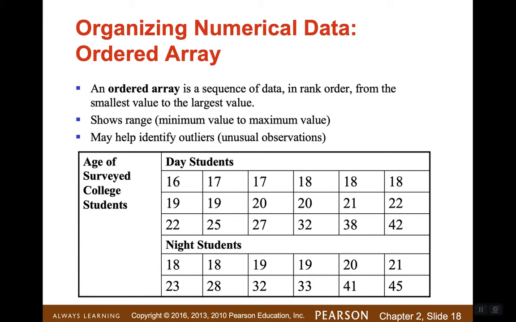It gives us a couple bits of information. Number one, it tells us what the range is, for example, 16 to 42 for day students, 18 to 45 for night students. It can also help us where we have outliers or unusual observations.